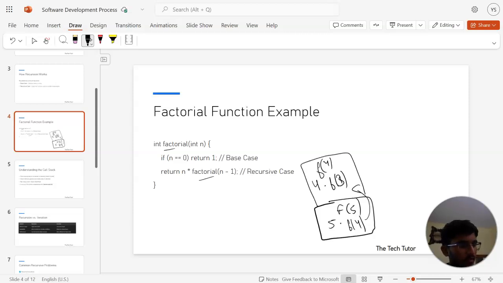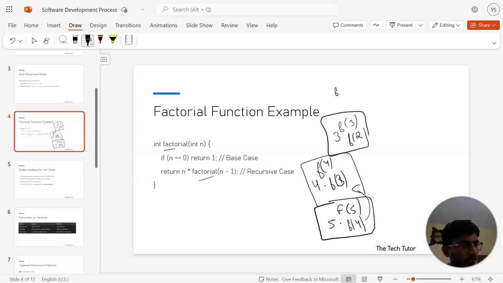Factorial of 3. Oops, our leaning tower of Pisa. Let me make sure we don't. So factorial of 3 is 3 times f of 2.